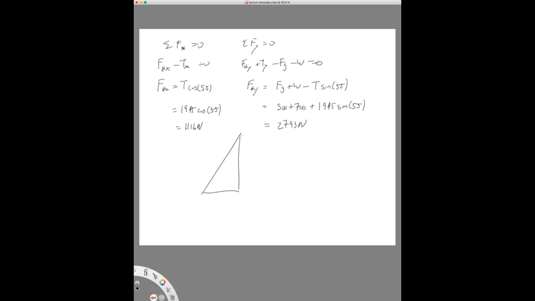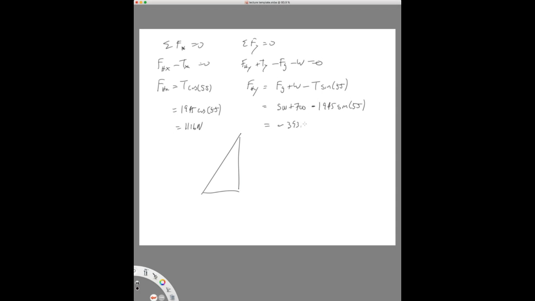Cat? Is there supposed to be a plus sign or a minus sign in front of the F hinge y? There should be a minus sign. Thank you. And then that's going to change this number, right? Yeah. Okay. Sorry about that. So 1,200 minus 1945 times the sine of 55 is minus 393 newtons.